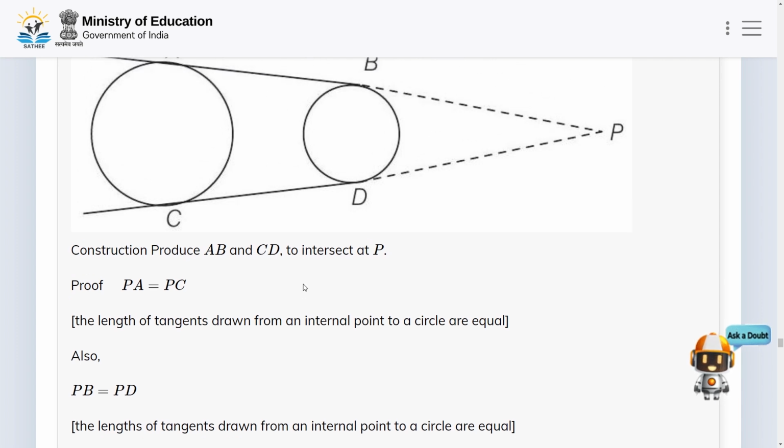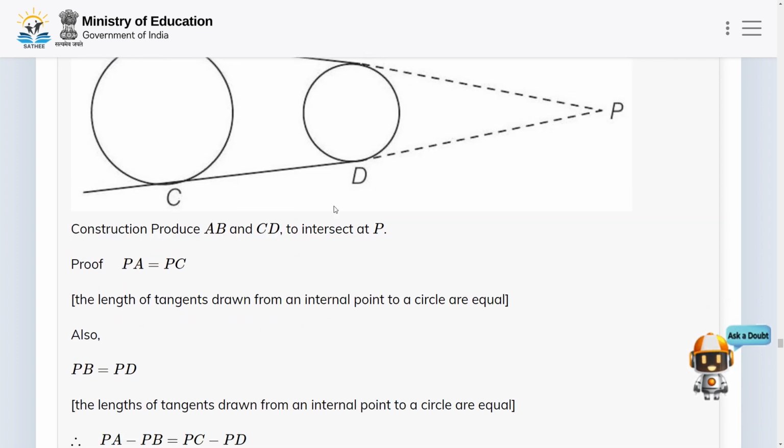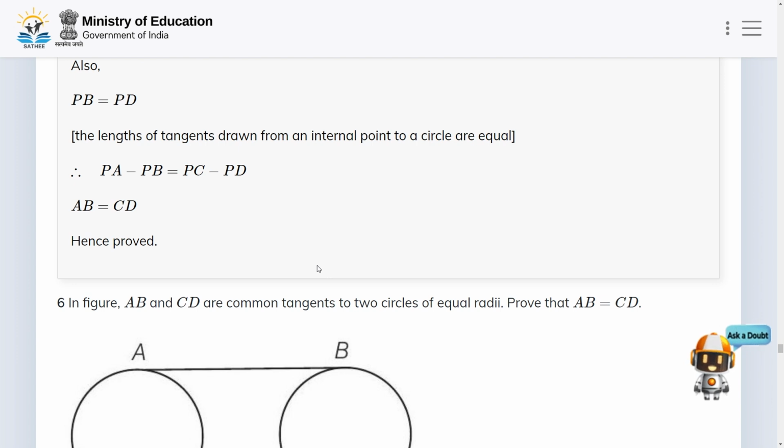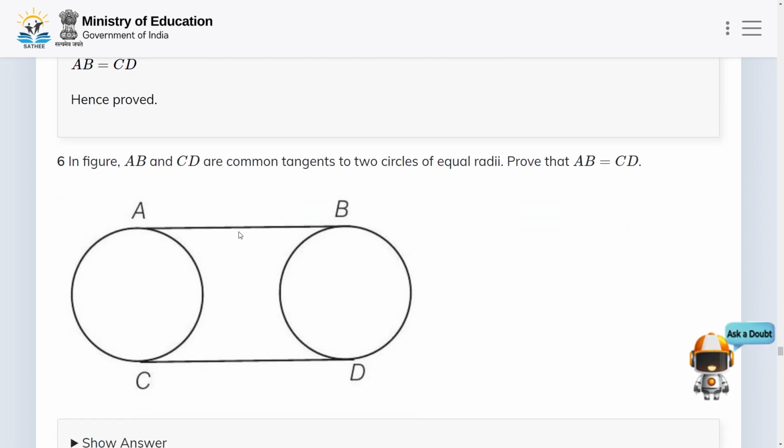Also PB is equal to PD, since the lengths of tangents drawn from an external point to a circle are equal. Therefore PA minus PB is equal to PC minus PD, and that is, AB is equal to CD. Hence proved. Now let us move to the next problem.